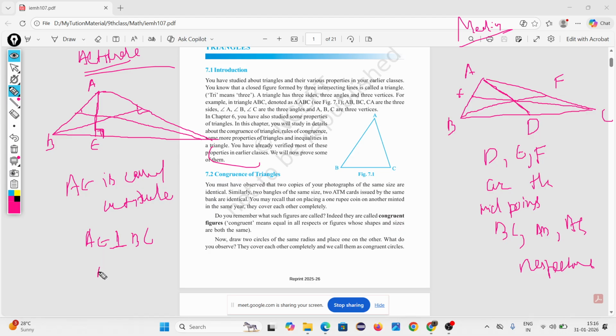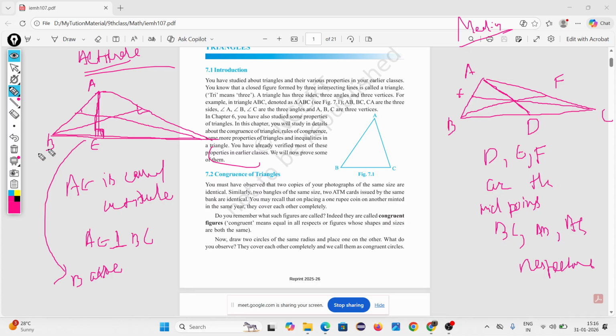So how many altitudes does a triangle have? Three. The side on which the perpendicular is drawn, BC, is called the base as compared to the altitude.